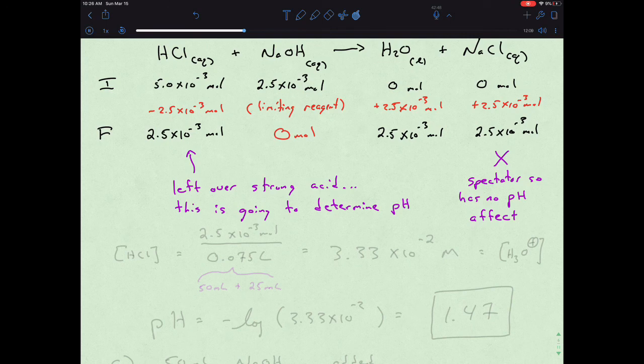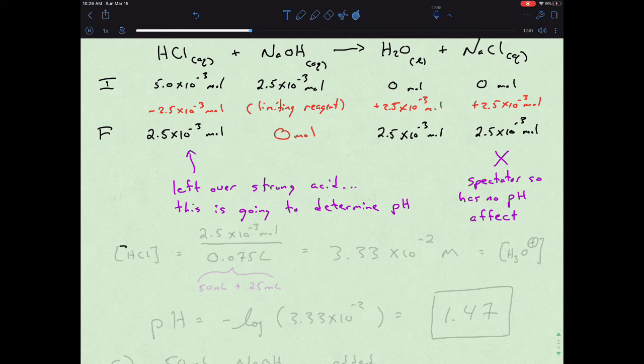So once the neutralization reaction is done, we're trying to figure out what's left over as a result of that process to see, okay, what's left over, how does it affect the pH of what's left over? Some things aren't going to affect the pH, such as the sodium chloride. Other things can, and that's what we have to determine. In this case, we know water has a pH of 7, but water is very weak in terms of its acid or base strength. Here we have a much stronger component that's left over, namely the hydrochloric acid. So that strong acid that's left over is going to determine the pH.